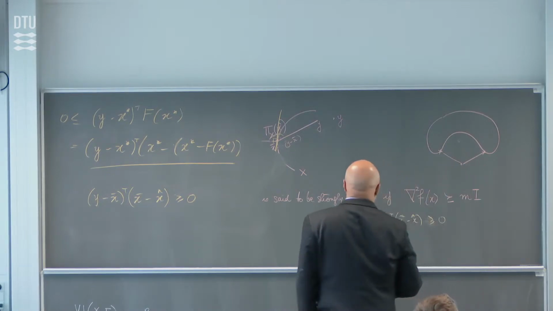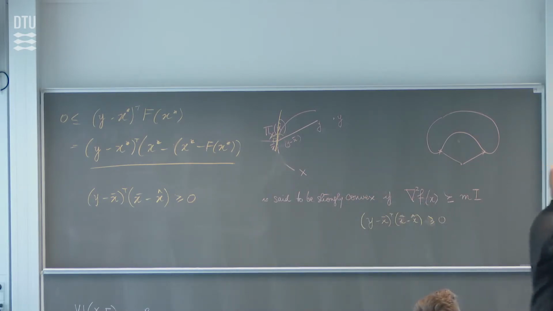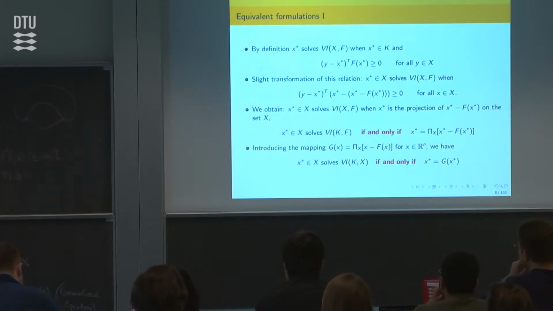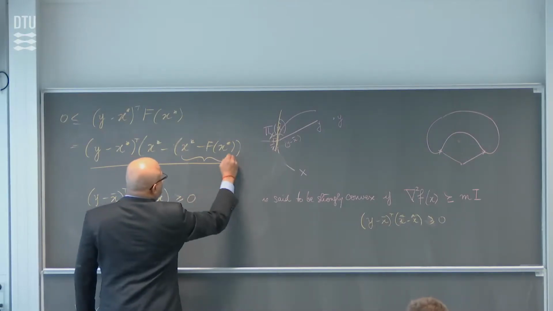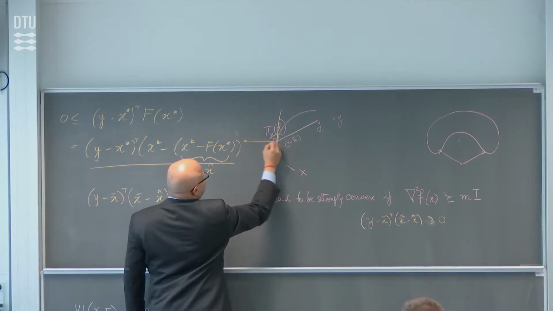Okay. So now from this, what you can see is this is what you're projecting, right? So this takes on the role of x hat, which is what you're projecting.